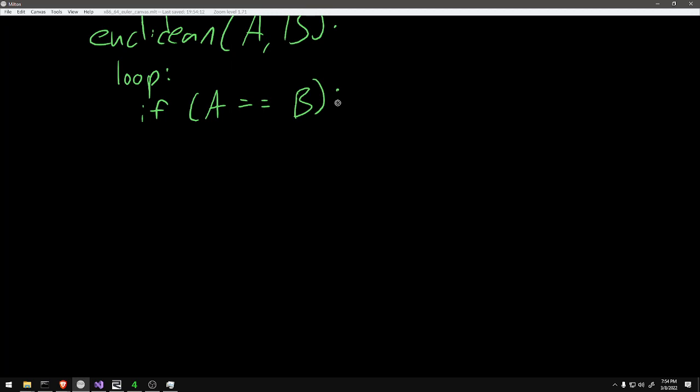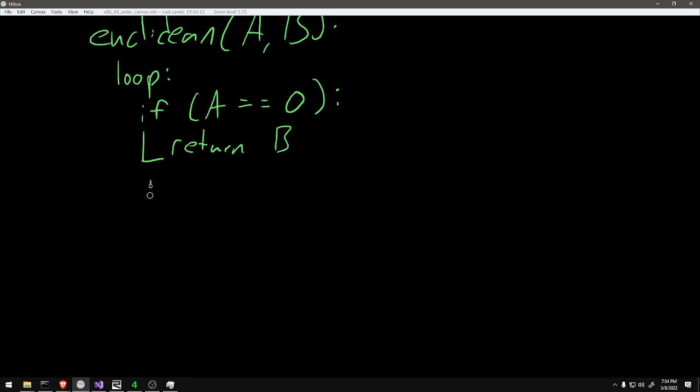If A is equal to B, then we can return B. Or sorry, I suppose that's true, but we're going to say if A is equal to 0, we can return B.